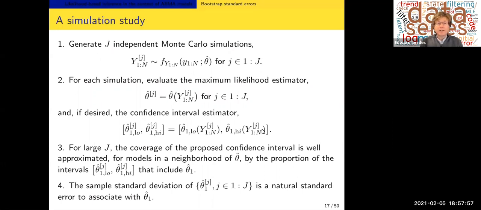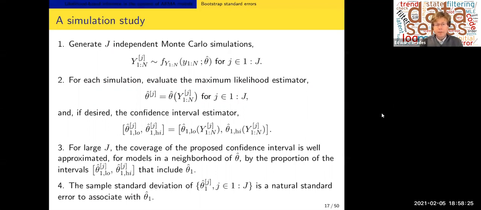And here's the kind of structure of a simulation study. You're going to start by generating, say, J independent Monte Carlo simulations, and I'll superscript them by little j, and they're going to run through all 1 to n data points. And you're probably going to run these simulations at your preliminary estimator, so theta hat, your MLE.